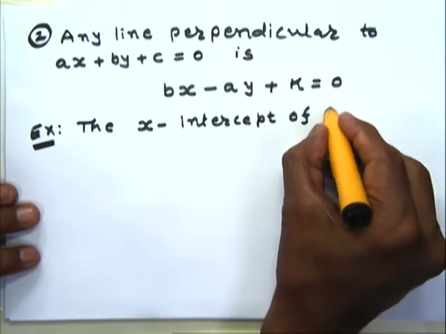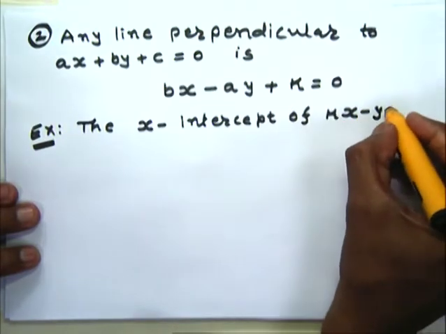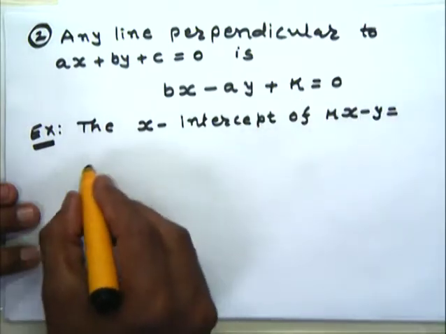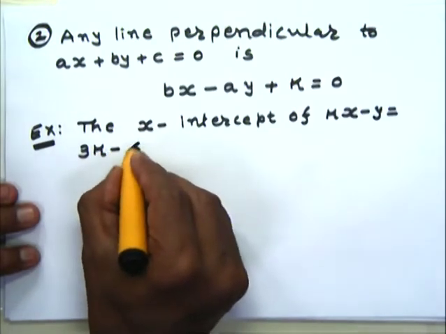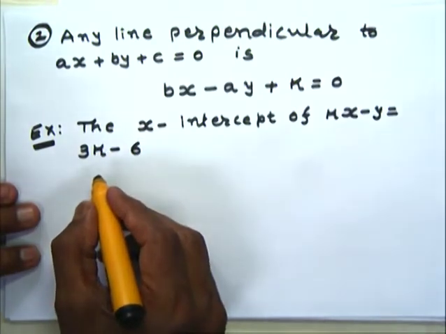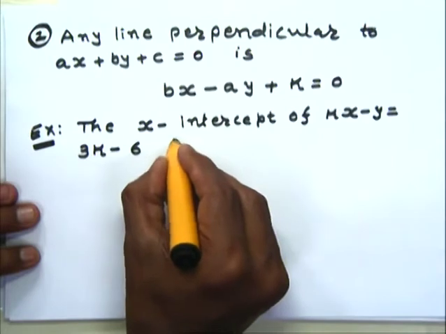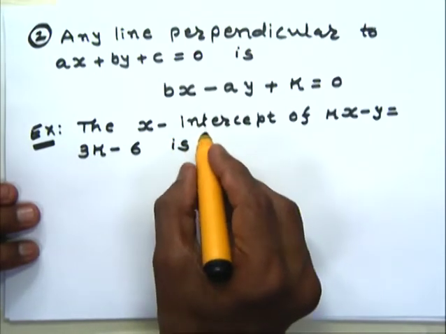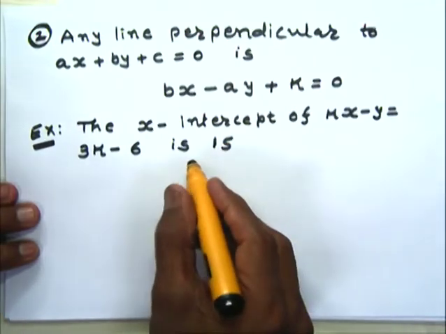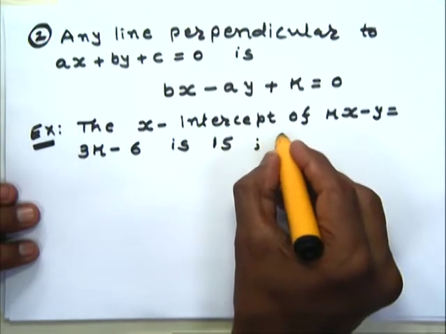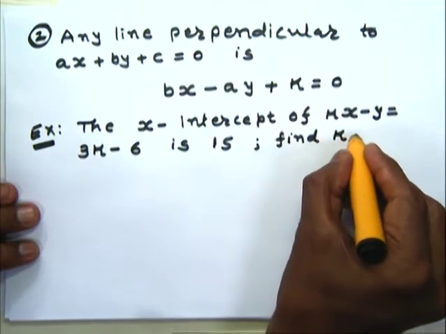The line is kx minus y equal to 3k minus 6. This is the line given to us where k is unknown and the x-intercept of that line is given to be 15. The question is, what will be k? That is, find k.